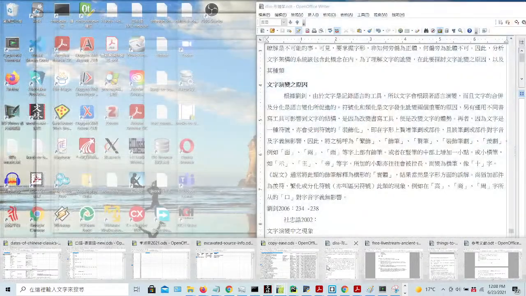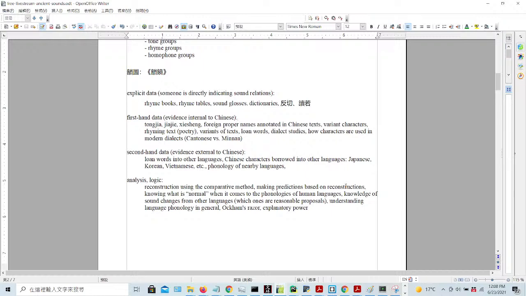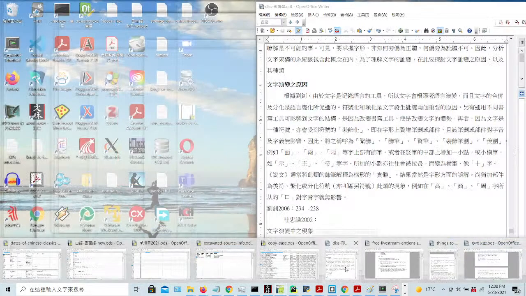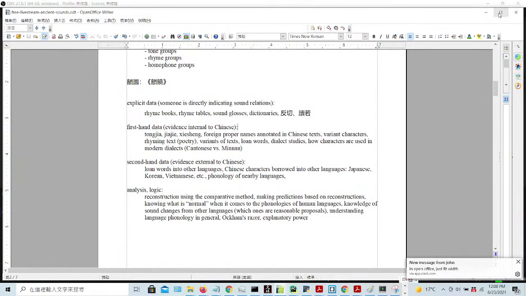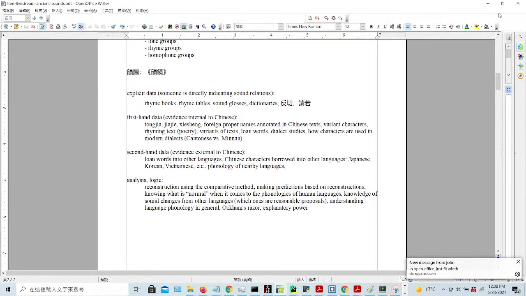I'm an Alt-Tab guy, and Alt-Tabs apparently don't work. Okay, once again, hopefully this is working.